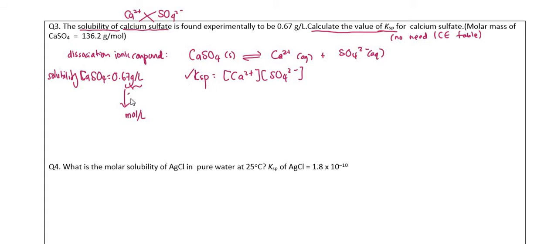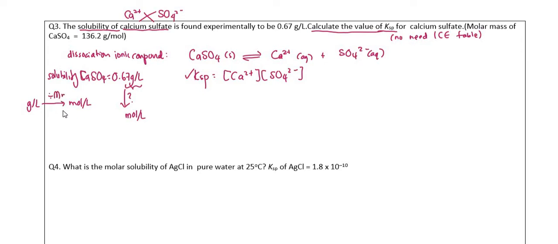So how do you want to convert? Okay, now I want to show you. If you want to convert gram per liter to mole per liter, you have to divide by the molar mass of the ionic compound.